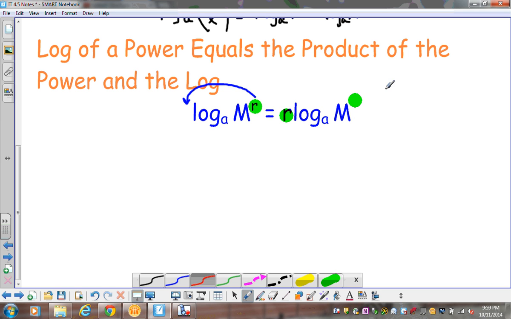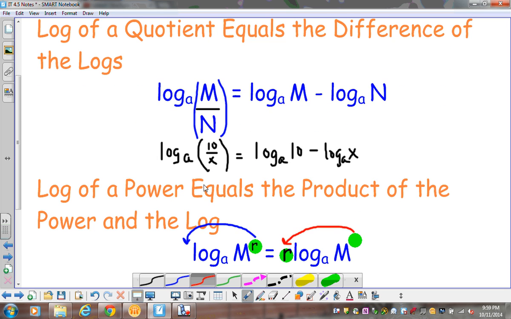So that exponent has moved from up top to the front. So it's the product, which means multiplication. So anytime you see an exponent, you can move that piece to the very front of that logarithm. So those are the three additional properties we're going to look at here. Now we're just going to go through and do some practice expanding and then condensing. That's really what the remainder of this period is going to be.